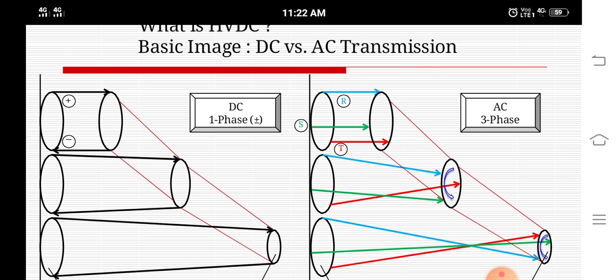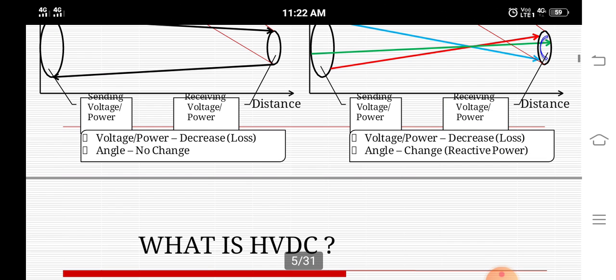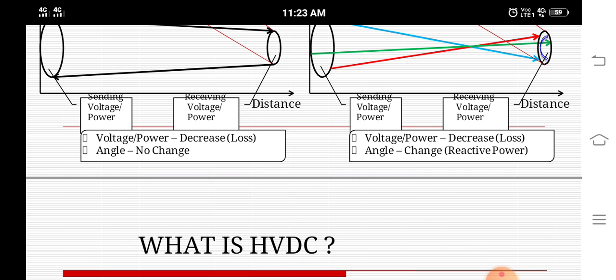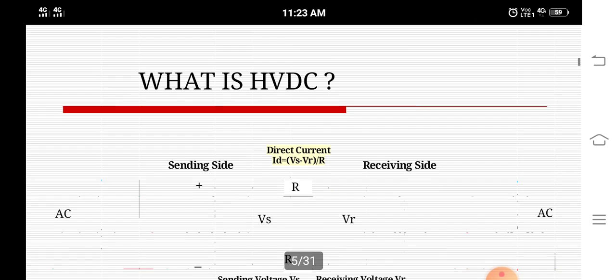Other than the factors that influence the line cost, there is also the cost of compensation and terminal equipment. DC lines do not require compensation, but the terminal equipment costs are increased due to the presence of converters and filters.